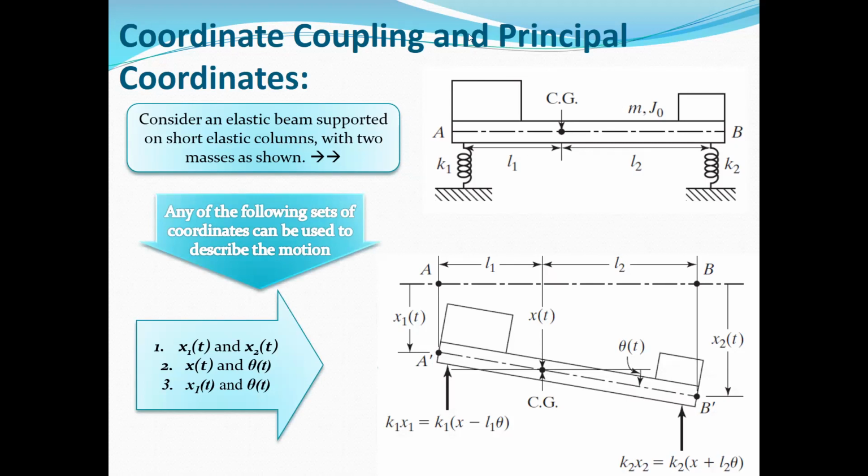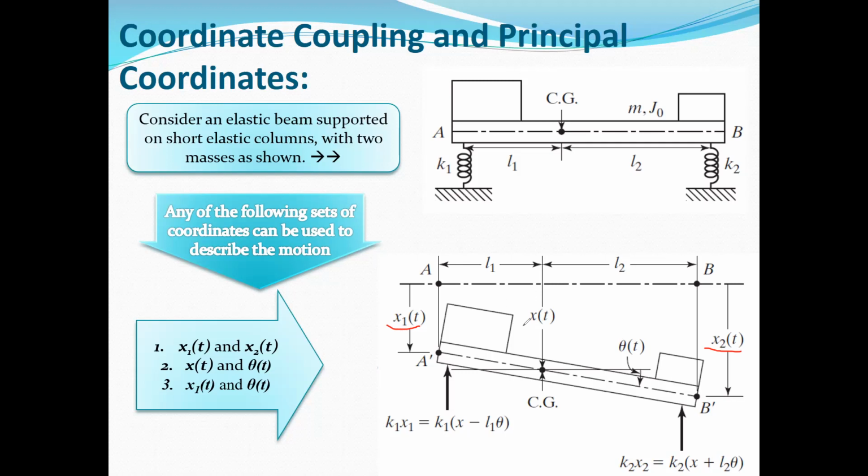For example, the first one, we can extract the equation of motion for the coordinates x1 and x2, which are the displacement or deflection of points A and B respectively.